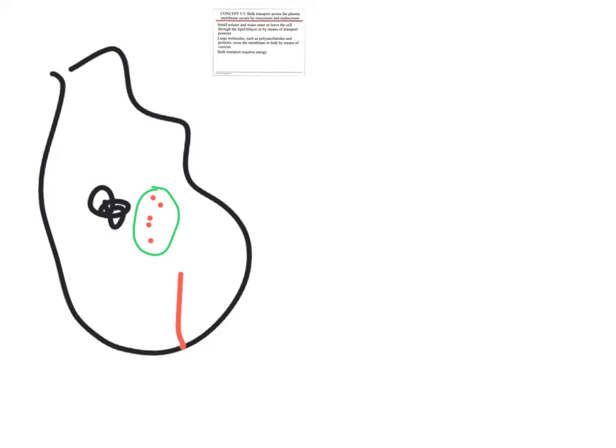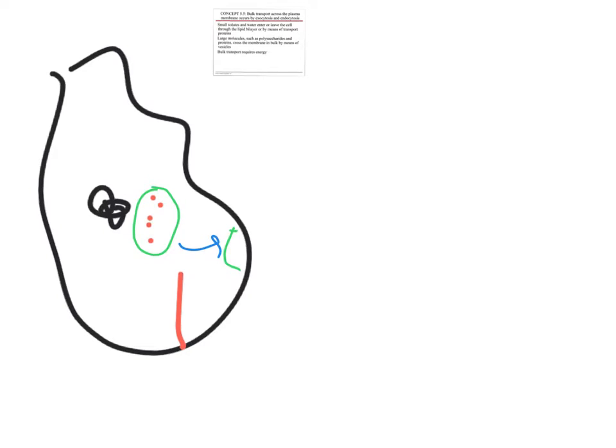So the proteins are packed inside of there, and eventually this vesicle will move to the membrane, and it'll actually fuse with the membrane. Apparently we can't do that today.